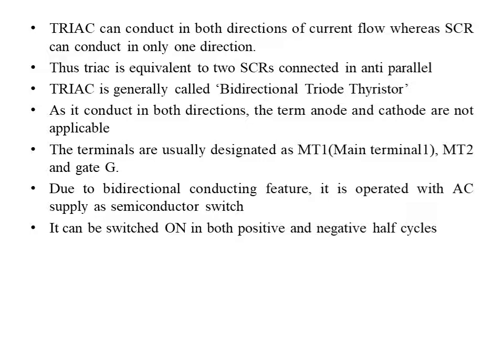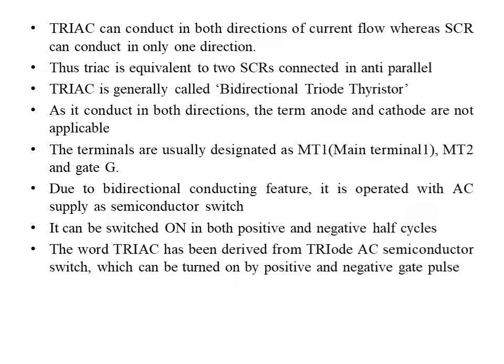But here triac can conduct both for positive and negative half cycles. The word triac has been derived from triode AC semiconductor switch, which can be turned on by positive and negative gate pulse.